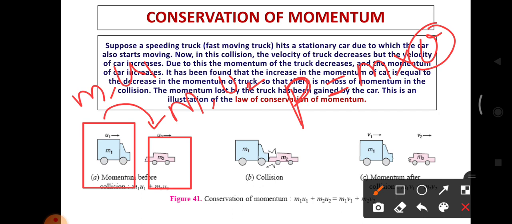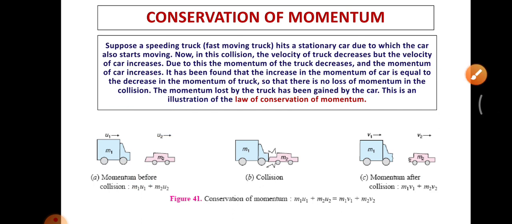It has been found that the increase in the momentum of the car is equal to the decrease in the momentum of the truck, so that there is no loss of momentum in the collision. The momentum lost by the truck has been gained by the car. This is an illustration of the law of conservation of momentum.